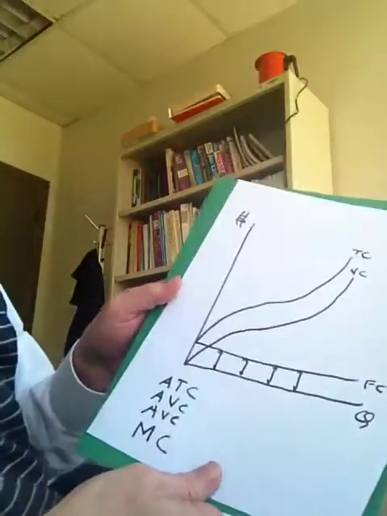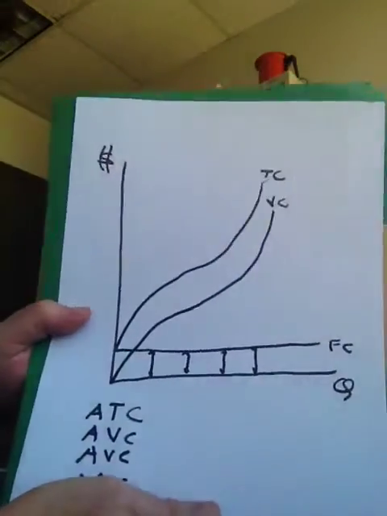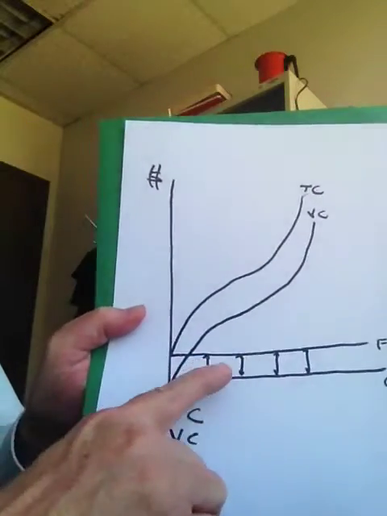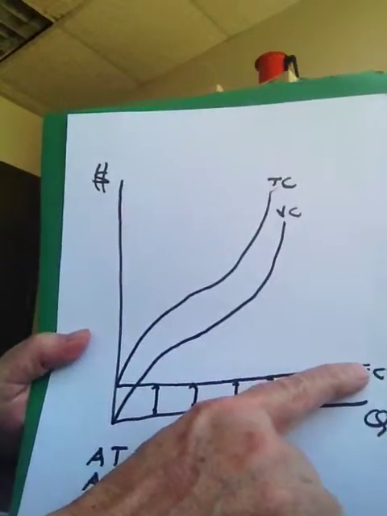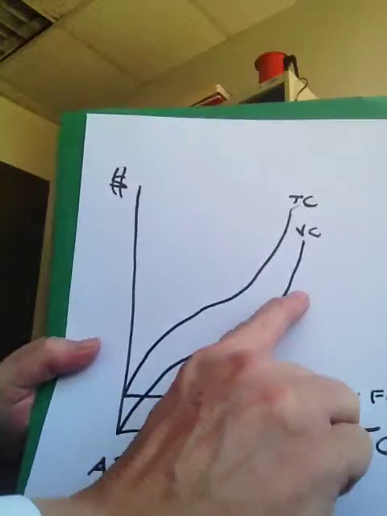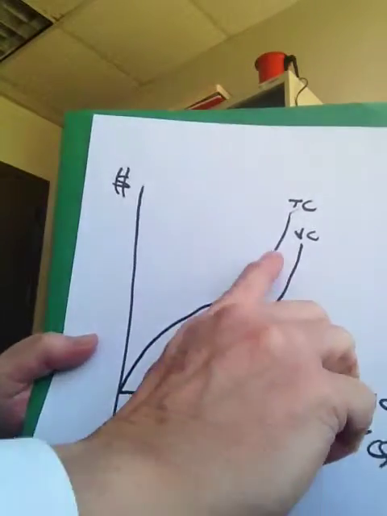In the last little video, which was the third in this series of lecture notes on production costs, we derived the following graph, which showed the relationship between fixed costs, variable costs, and total costs.